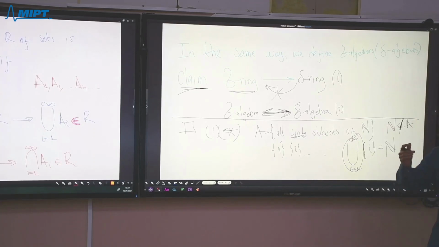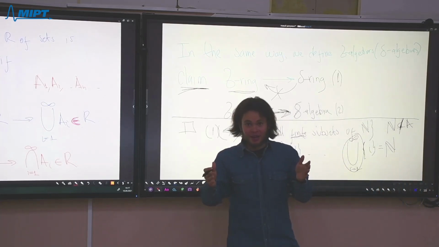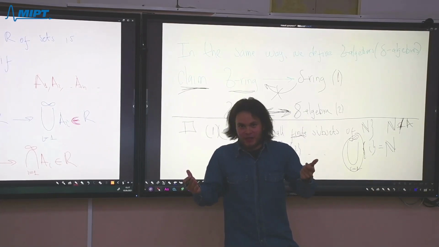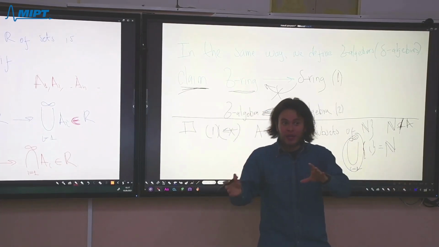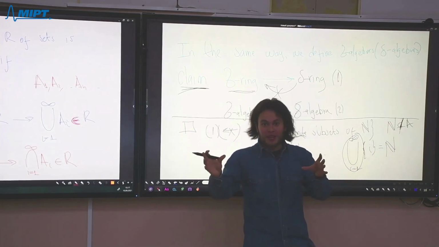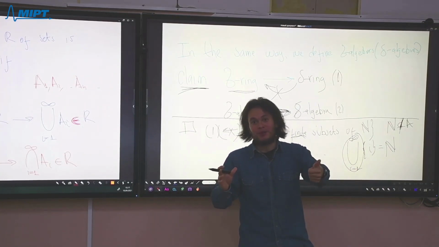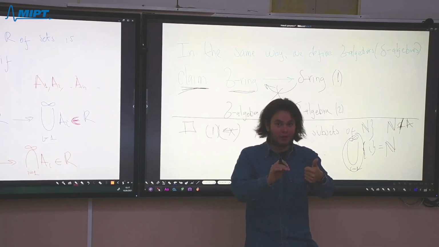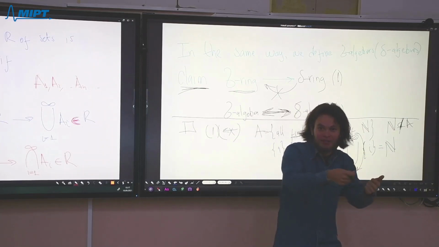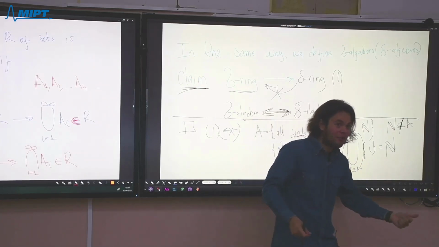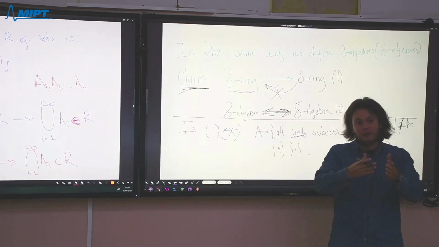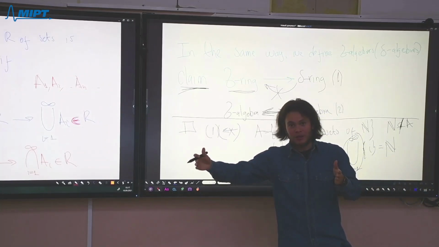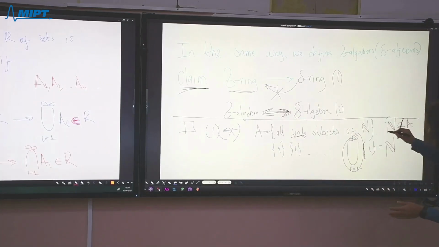So we have finite and infinite sets, right? And for infinite, we have countable and uncountable. The natural numbers are infinite, but countable. It means that we can count them somehow. The set of all rational numbers is countable as well, but the set of all real numbers is uncountable.